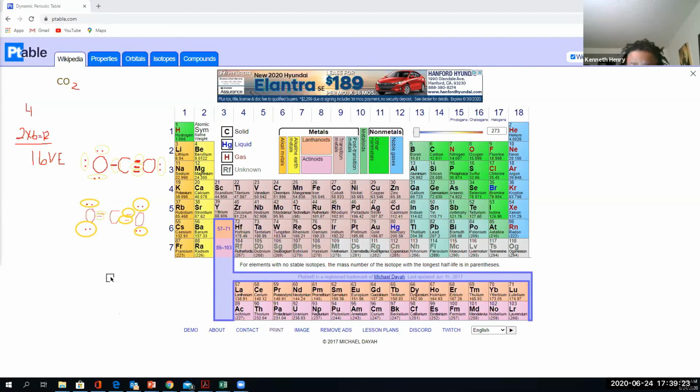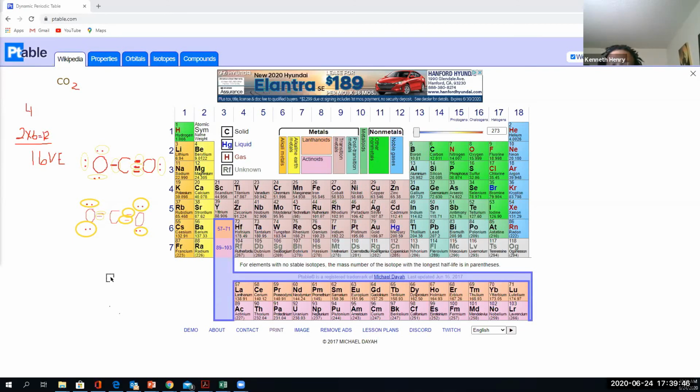So now here's the question. Technically these would be considered what we call possible resonance structures of each other. Meaning that, and I'll talk about this a little bit more, you could have multiple possibilities of the structure that you're going to get.